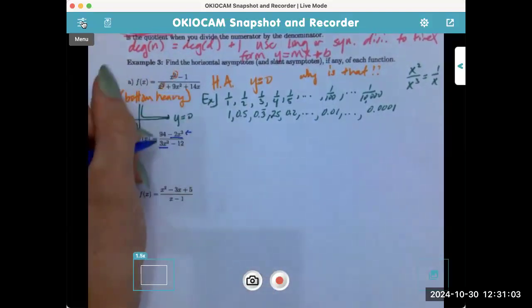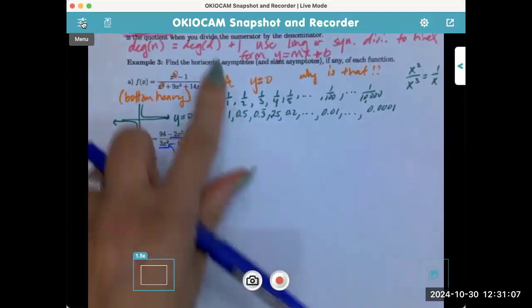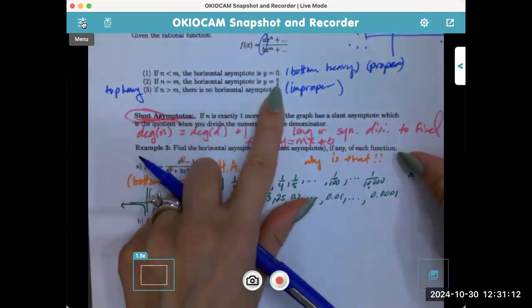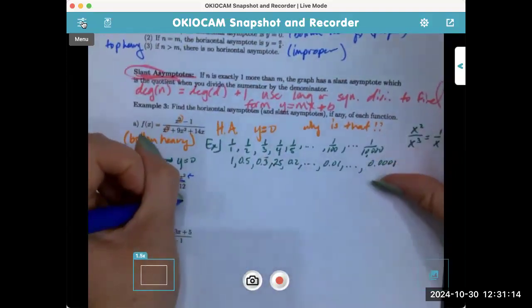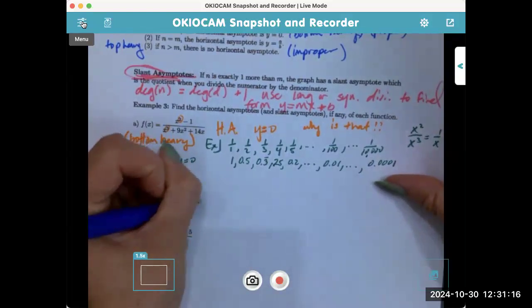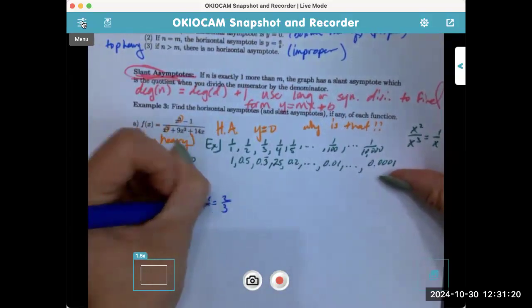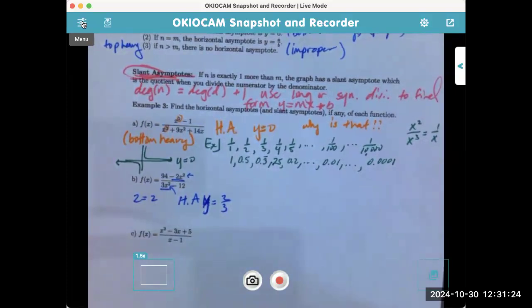Here, the degrees are both 2. 2 equals 2, so we go by the rule that the horizontal asymptote is the ratio of the leading coefficients. So this is just 2/3. Y equals 2/3.